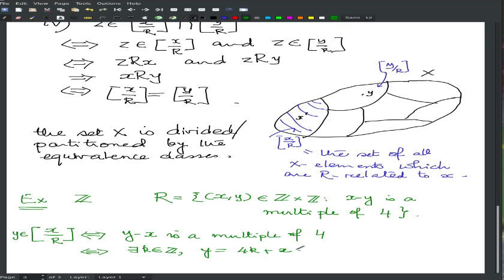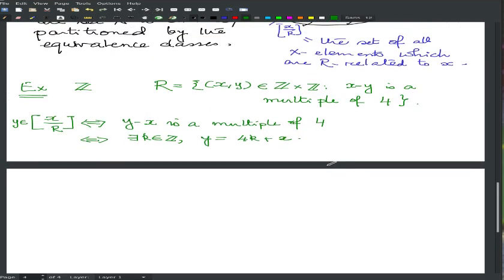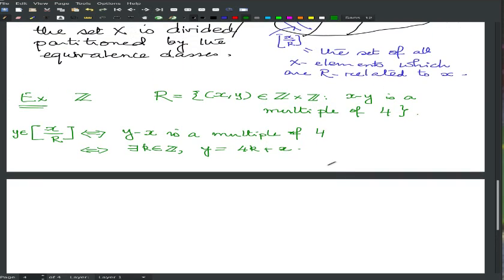Okay? Agreed? Yes. Okay, good. So now let's see, therefore what are the possible values of y? y looks like x plus minus 4, x plus minus 8, x plus minus 12, and so on.